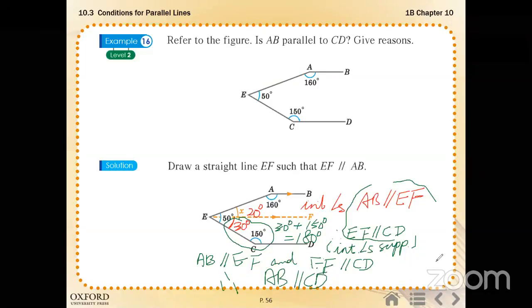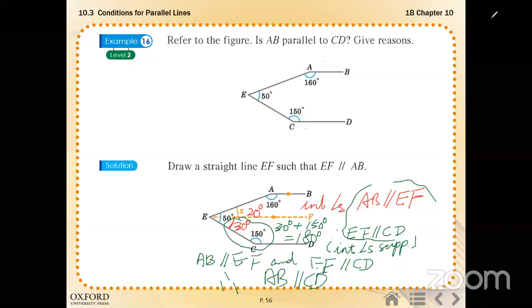Write them clearly like that. You cannot skip the steps and jump quickly to saying I know that AB is parallel to CD. You have to write it clearly, one by one. Any problems at this moment, up to this one?